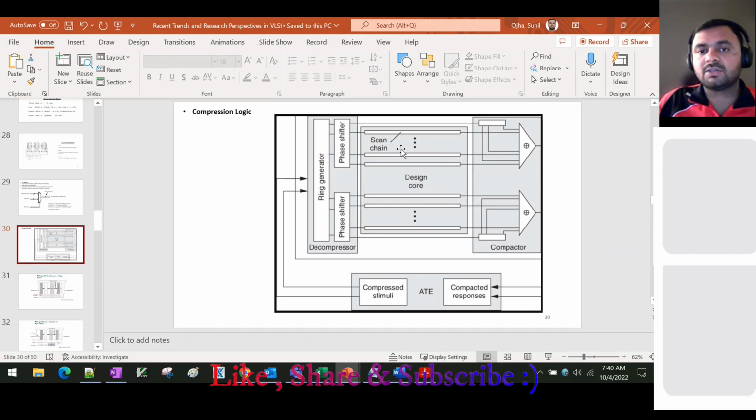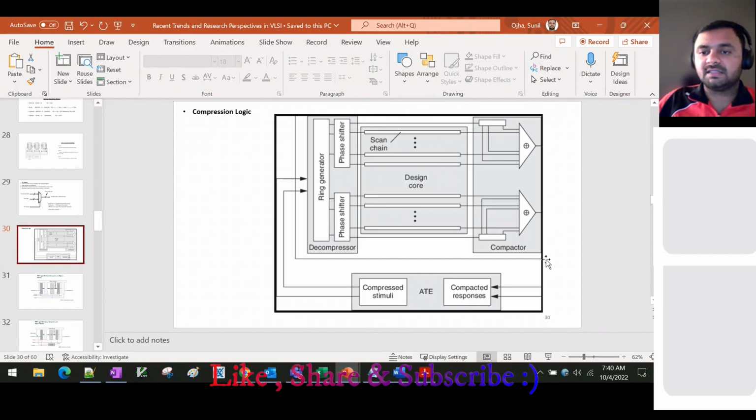Suppose you want to compress further, you can XOR many signals and generate different outputs from this phase shifter. Then you can concatenate your scan chains here. This will be a shorter chain now, because if I was not using this decompressor, our chain length would be higher, but now our chain length will be smaller because we are giving 20 different inputs from here.